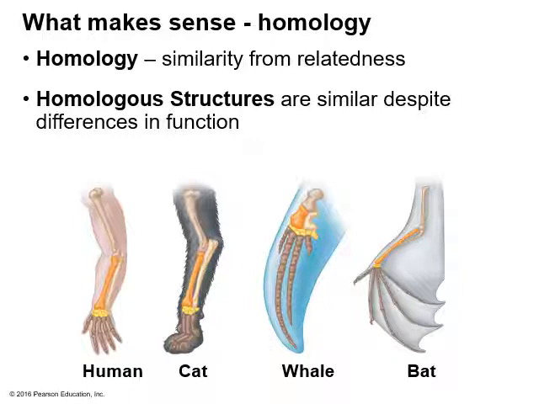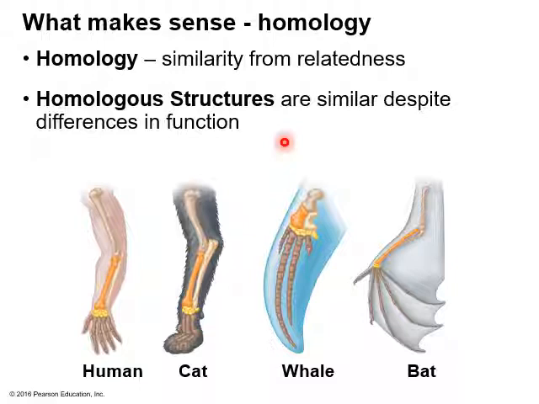So let's examine these limbs, for instance, on different mammals. Humans, cats, whales, bats, these are all mammals. Things that have fur, and the females of the species have mammary glands that are used for feeding juveniles, for feeding offspring.